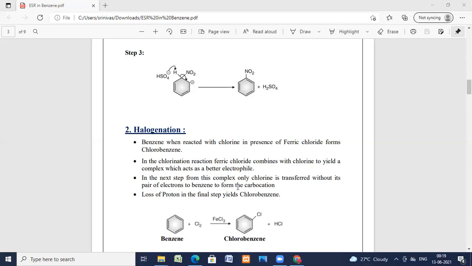Loss of the proton in the final step yields chlorobenzene. Yes, this is benzene. It reacts with Cl2 in presence of FeCl3 and it gives chlorobenzene.